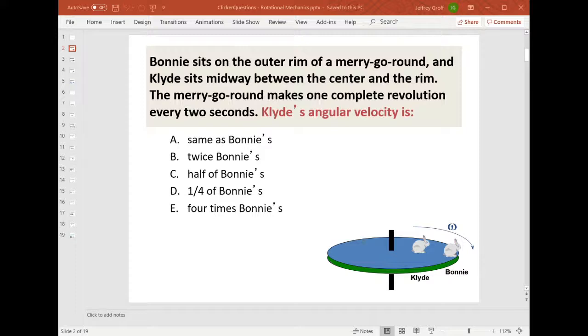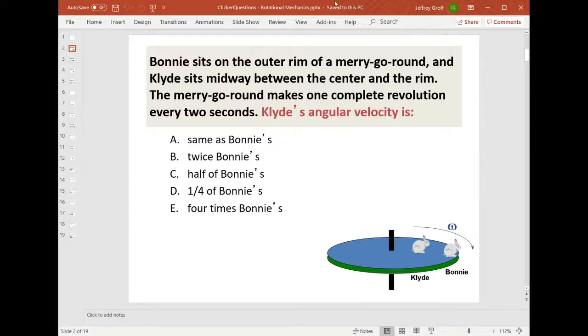The angular velocity of a point on this wheel, now if you're here where Clyde is, or you're here where Bonnie is, it doesn't matter. You're on the same wheel. Clyde's going to make 1 revolution every 2 seconds, and Bonnie's going to make 1 revolution every 2 seconds. And if you were Bob the bunny, sitting right here, you'd make 1 revolution every 2 seconds.